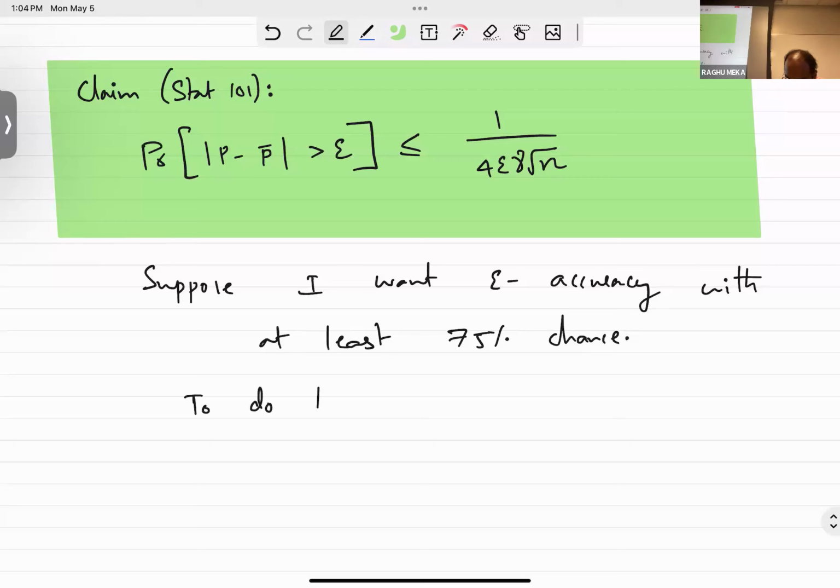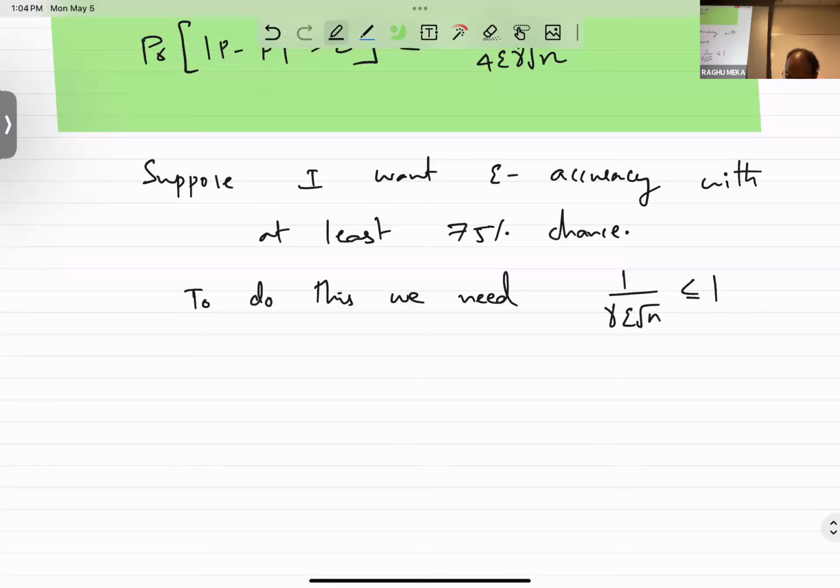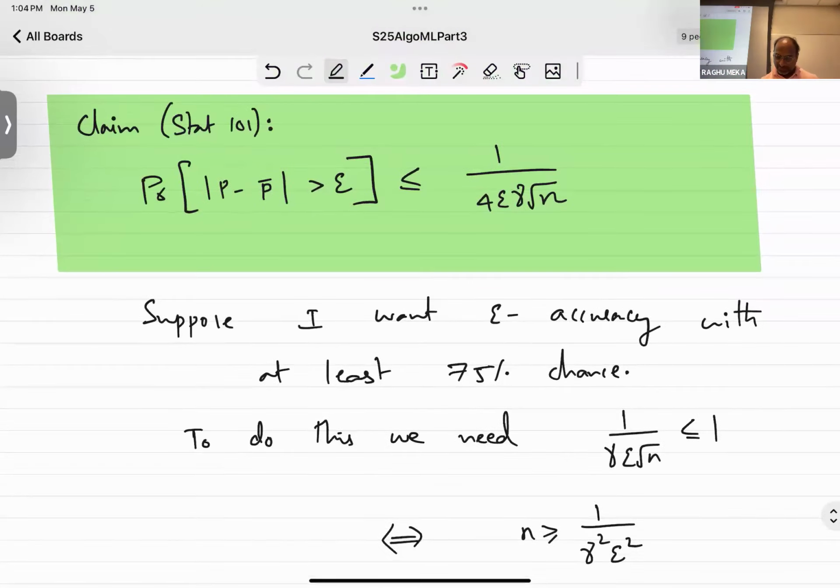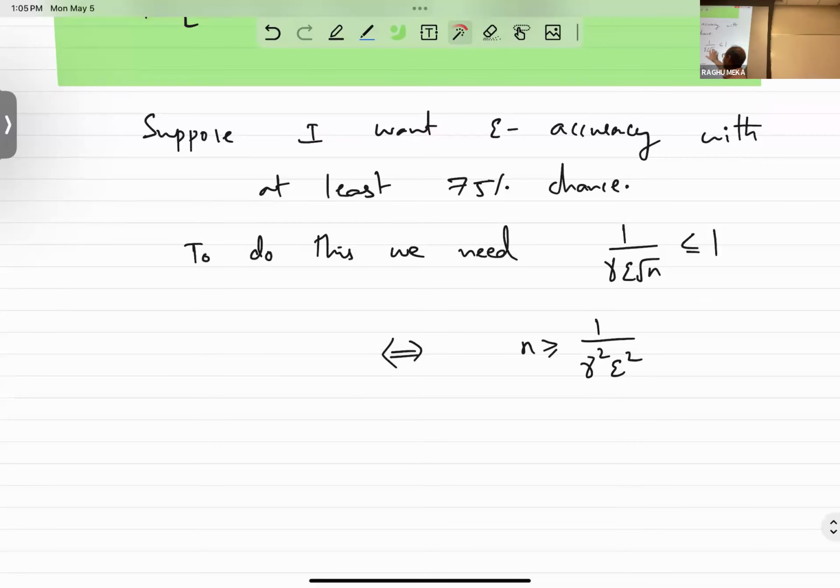To do this, if I want epsilon accuracy with 75% chance, then we need this quantity to be at most 1, which means that my gamma must be at least something, or in other words, the size of my data set should be at least 1 over gamma squared times epsilon. Okay. Does it make sense?